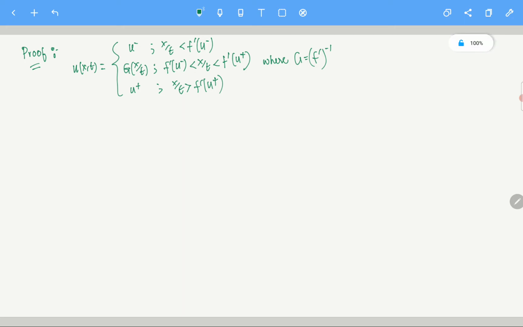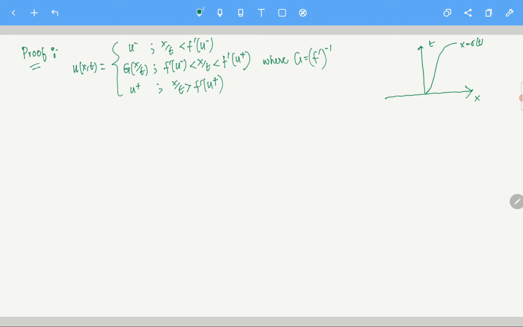Now what we are going to do is basically check that. First thing first, let's say I'm drawing x, t, and let's say this is our curve, x equals sigma of t. We did this sort of thing.